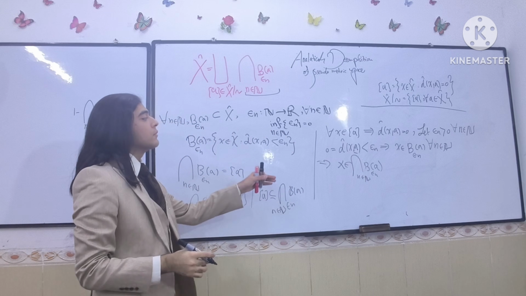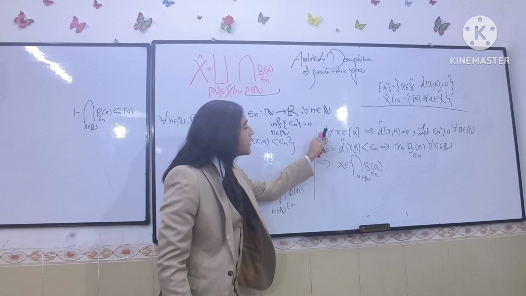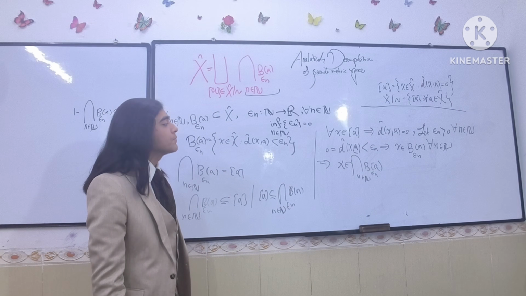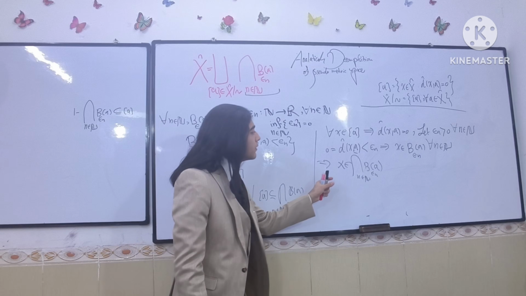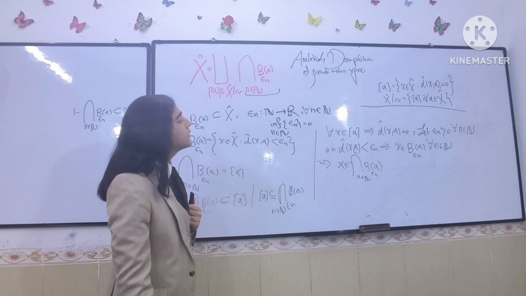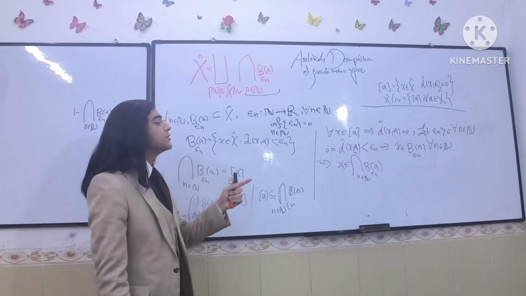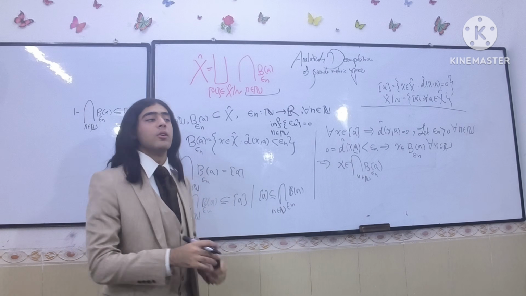We start the proof by taking all elements in the equivalence class of A, and we find that all elements x belong to the intersection of open balls.